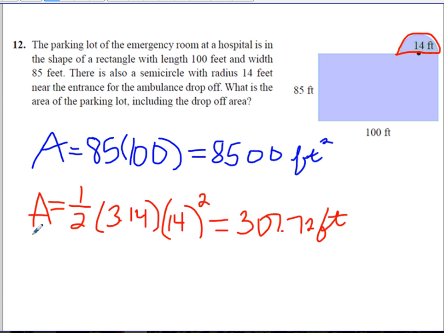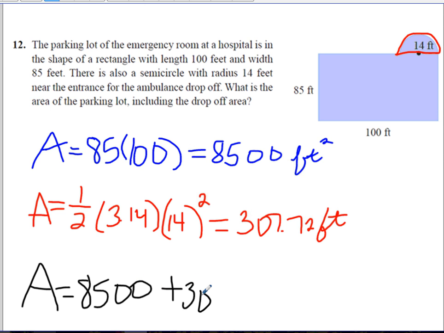So for our total area, we need to add the 8,500 to the semicircle of 307.72 to get a grand total of 8,807.72.